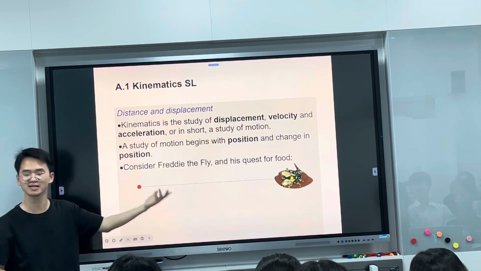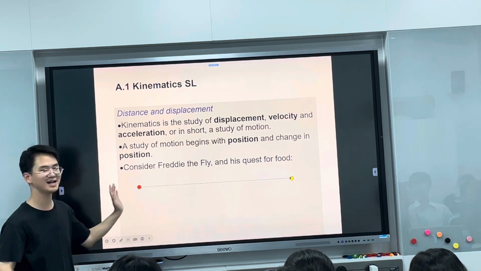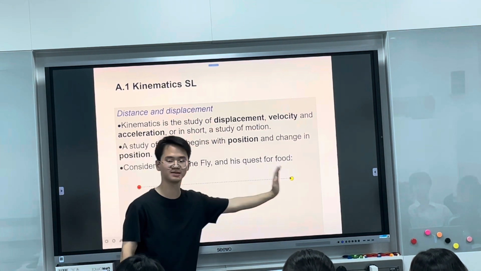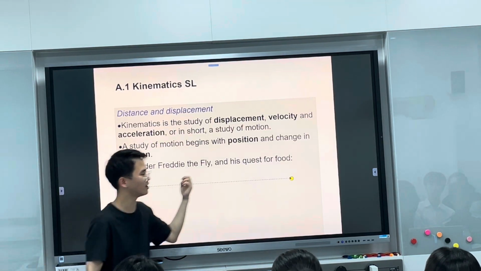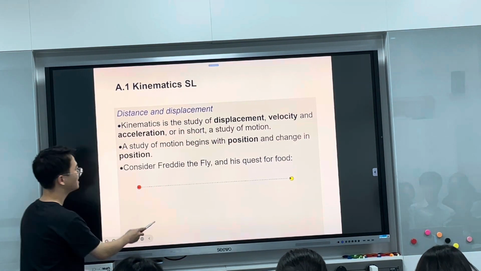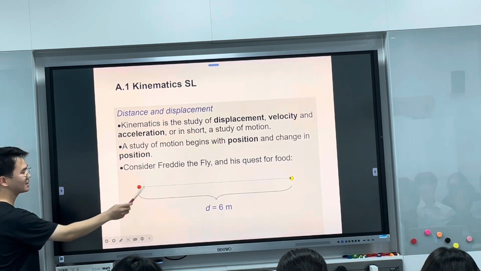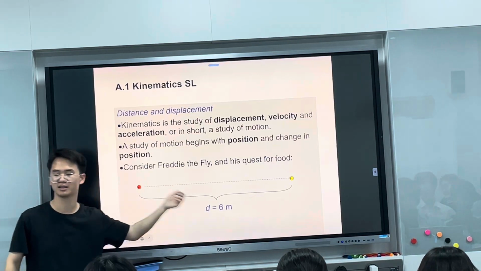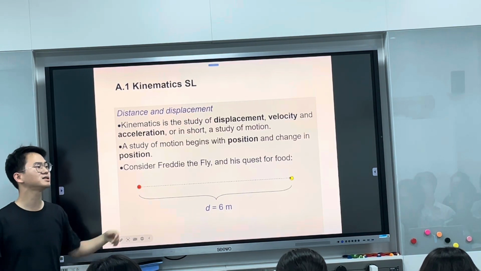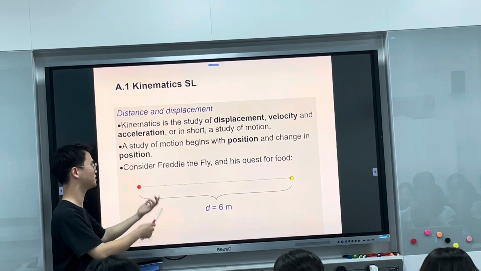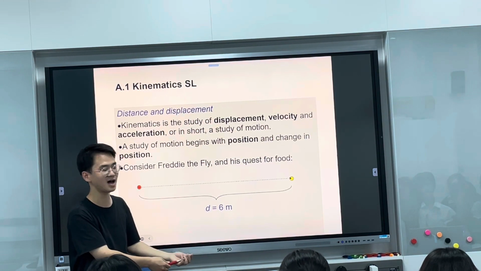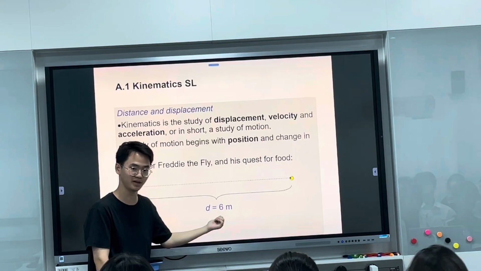So in this process, Freddie moves himself, or moves itself, to displace itself to go to his food. Okay? So what is this 6 meter? It's the displacement of Freddie. Freddie's displacement is 6 meter.